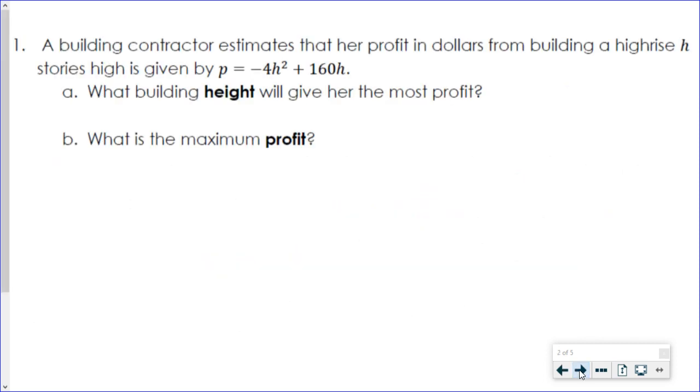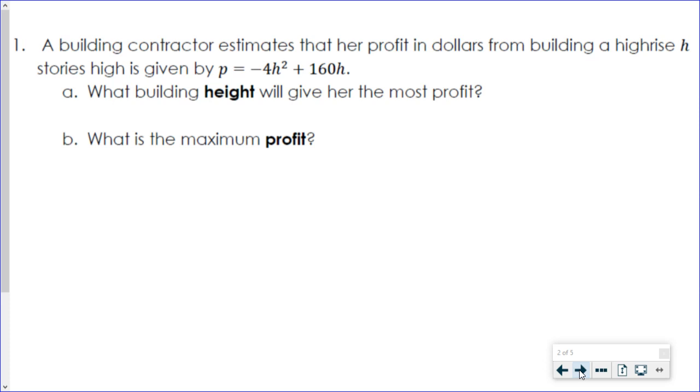Have that out. Okay, number one says a building contractor estimates that her profit in dollars from building a high rise at h stories high is given by that equation. So the profit is equal to negative h squared plus 160h.